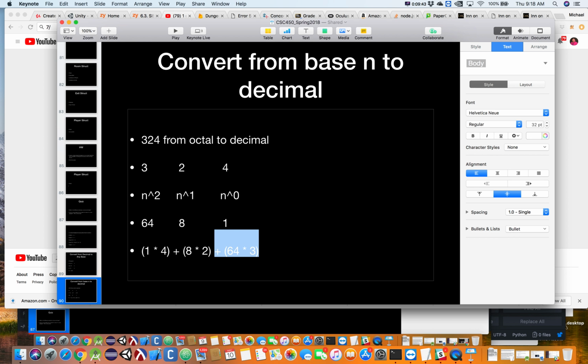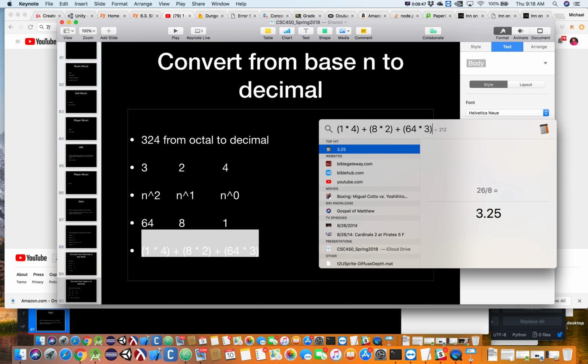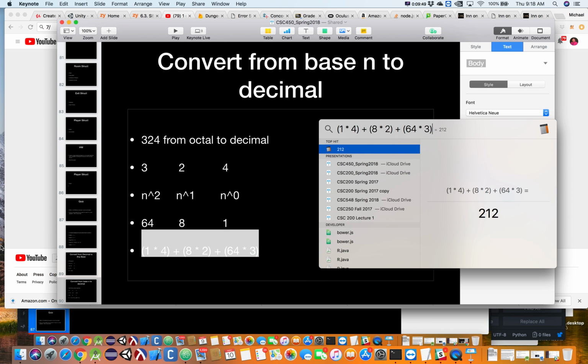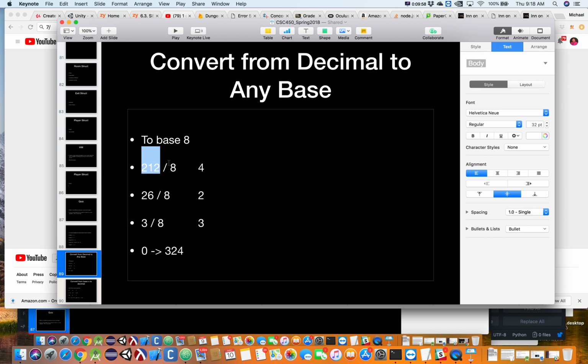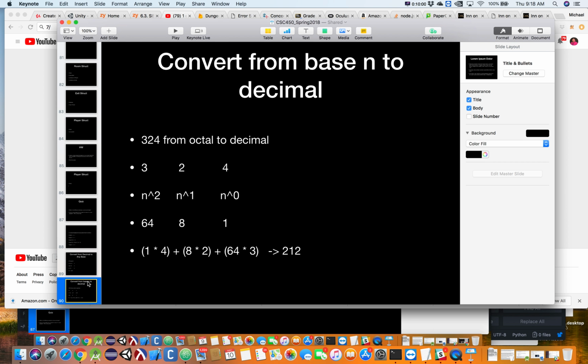And that is 212, which is the number we expected it to be. Make sense? Yeah. All right, so let's do another one.